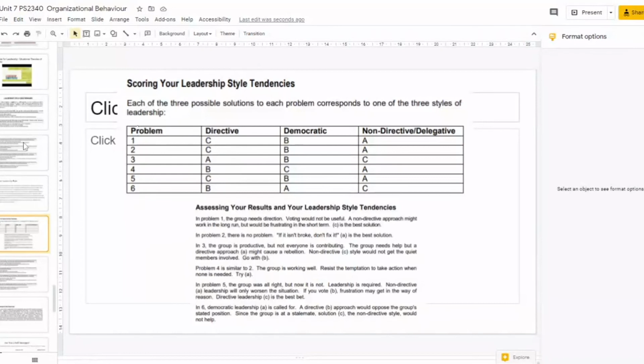Once you've gone through the questions, you're going to have to write this down somehow: 1, 2, 3, 4, 5, 6, and what you picked, A, B, C, and so on. And then you're going to put them in this chart right here.